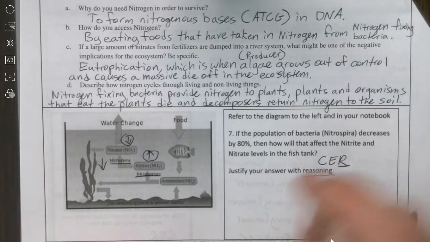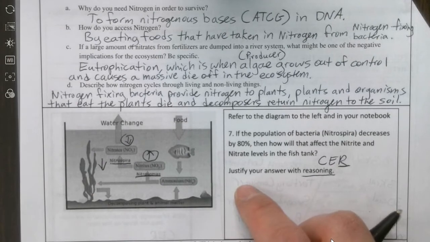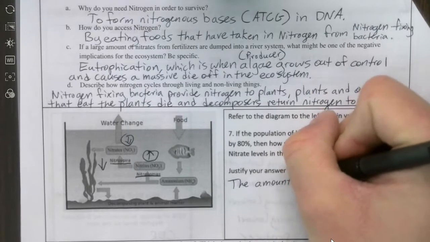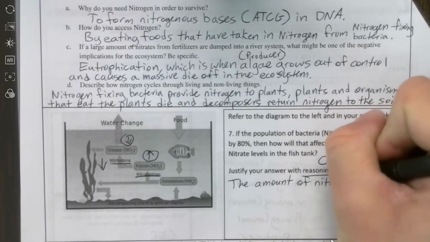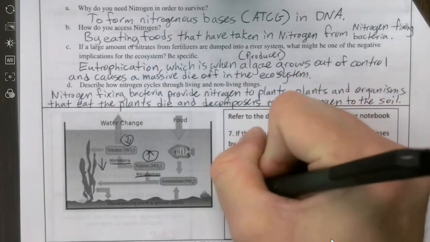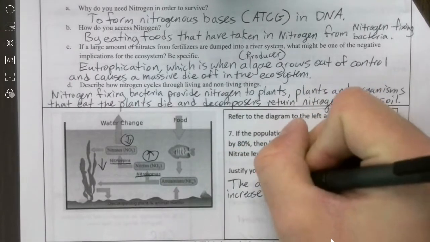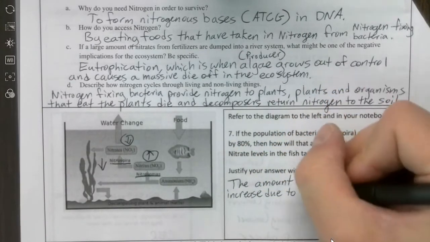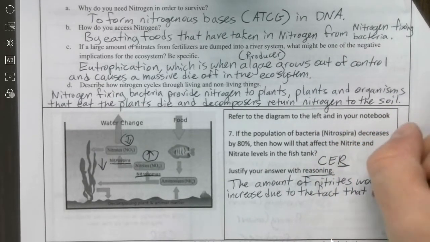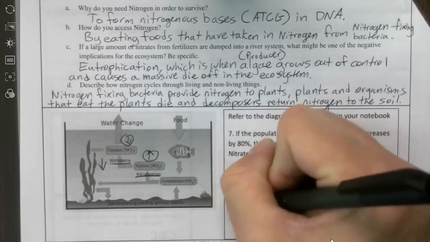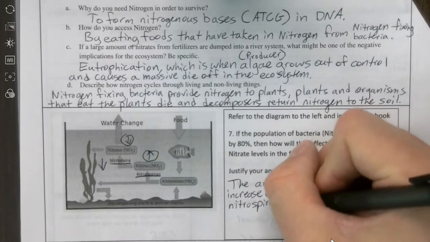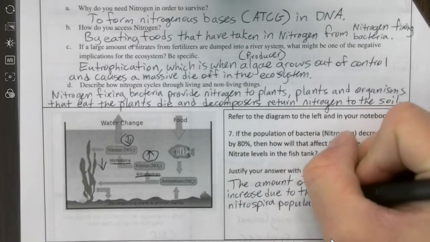All right, so you could say something along the lines of: the amount of nitrites would increase due to the fact that the Nitrospira population decreased.